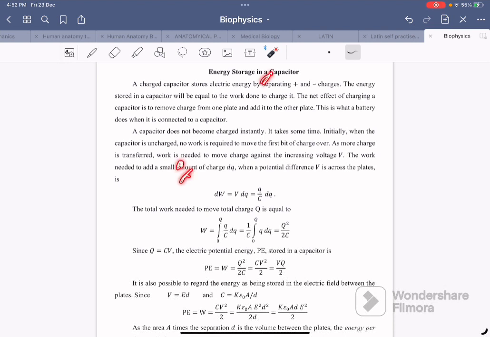So that is the charge here, and suppose this is positive and this one is negative for a while.